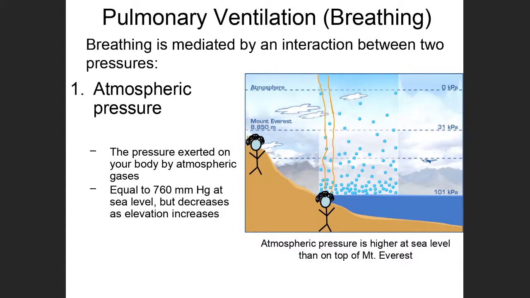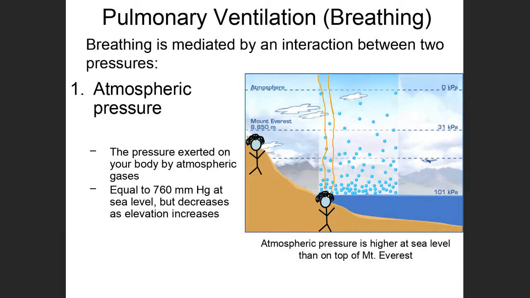If that's kind of confusing to you or you're not sure what that means, when scientists were first discovering atmospheric pressure and finding ways to describe it, they found that the pressure on our bodies when you're at sea level, due to all of those molecules extending hundreds and hundreds of miles up into the air above you, pushing down on you, is equal to the weight of a column of mercury that's 760 millimeters high. So that's where that's coming from. If you like that, great. If that's just more confusing, that's totally fine as well.